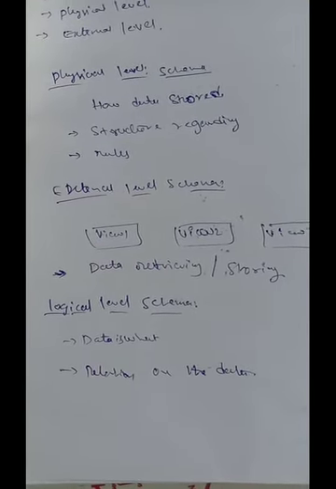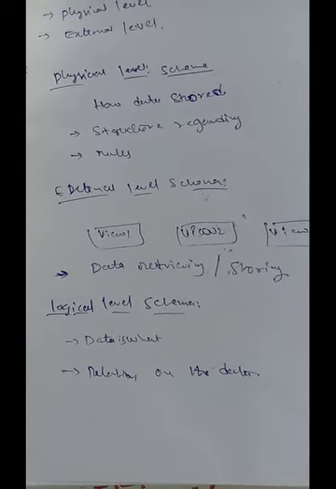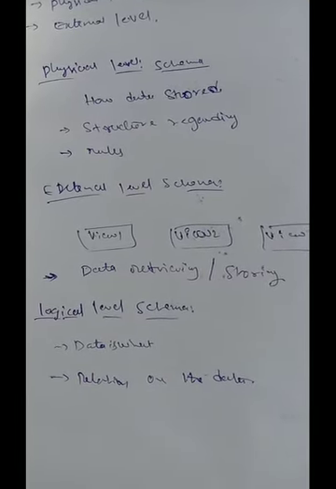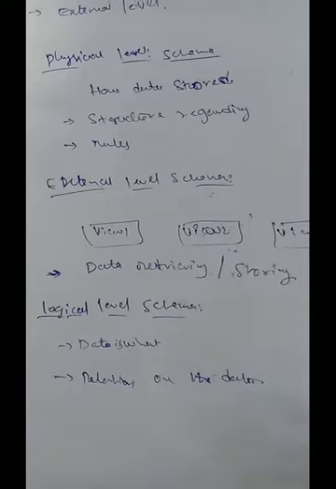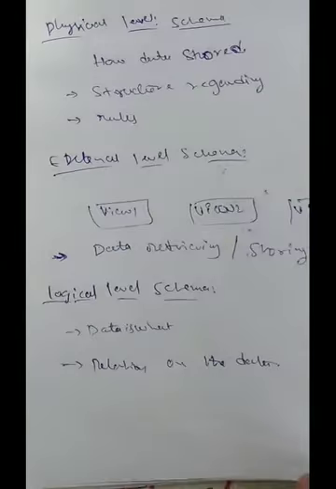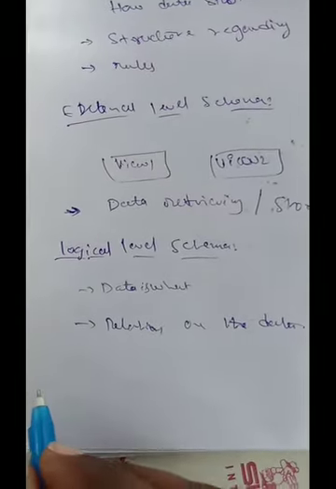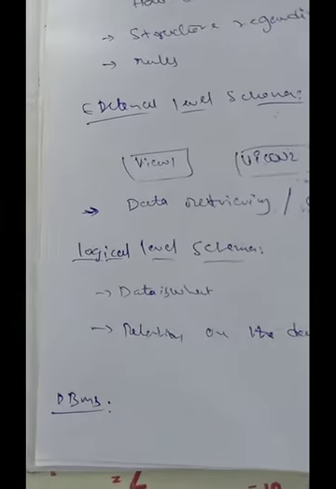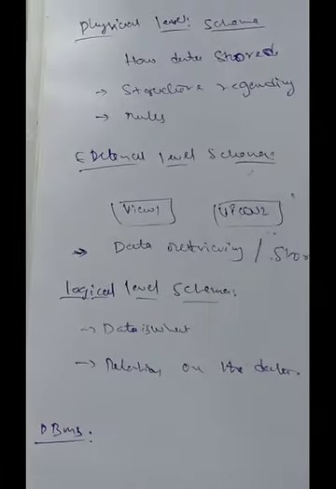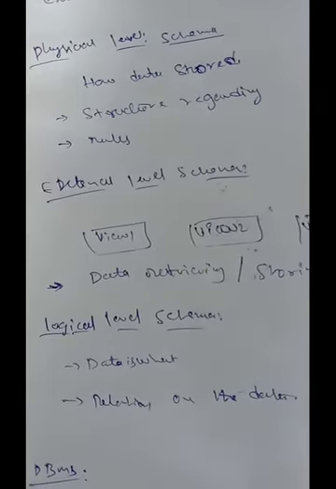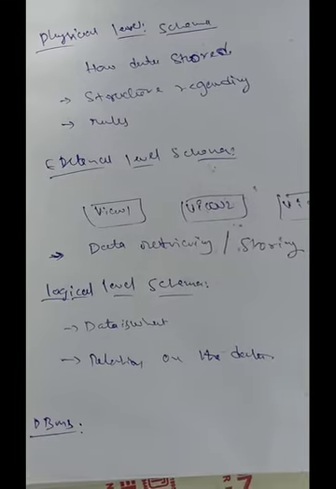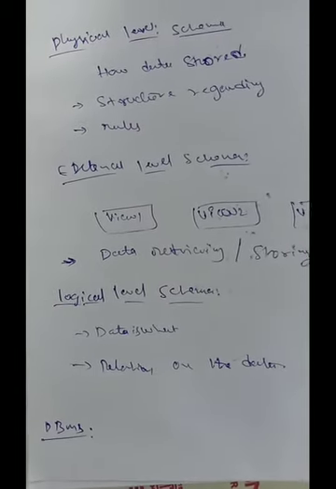The logical level has a better way of developing the schema, which makes them more effective. And the DBMS provides messaging or reflects actions whenever the users make requests at these three levels.